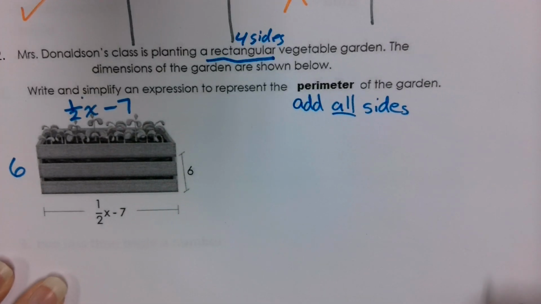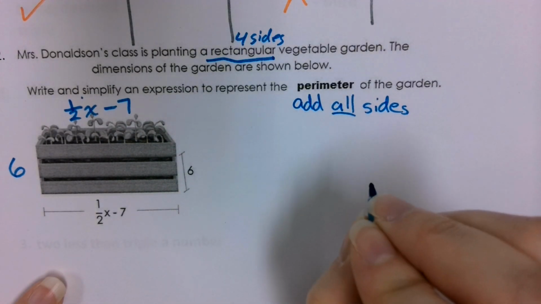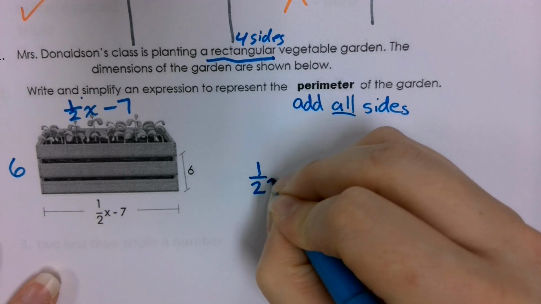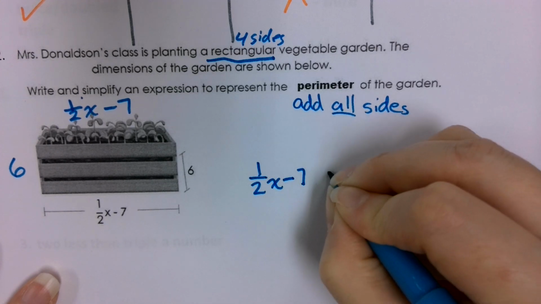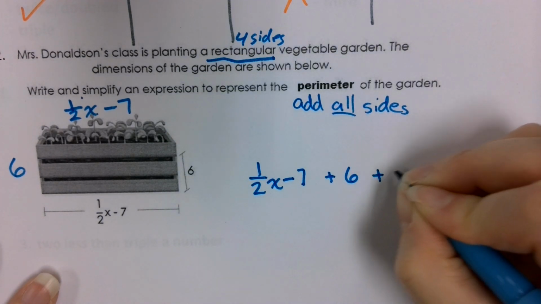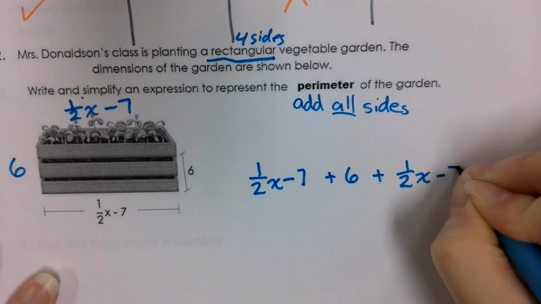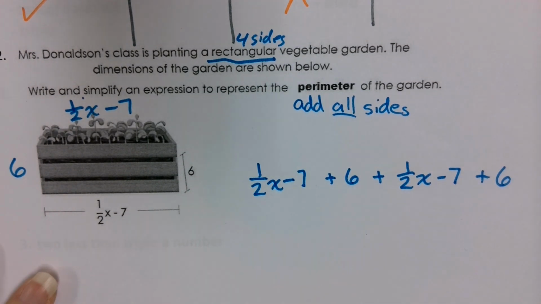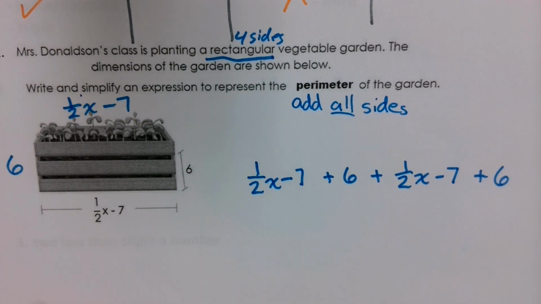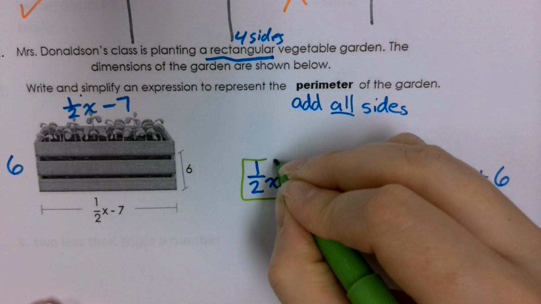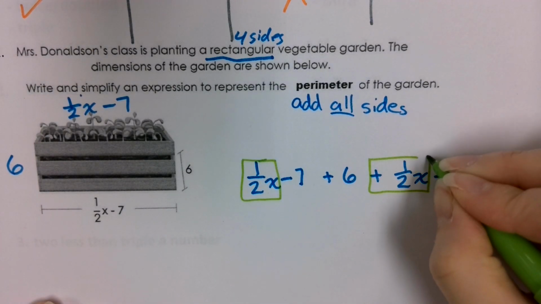Okay, so we've got to add our half of an x minus 7 plus the 6 plus half the x minus 7 plus the 6. Now we can just focus on combining those like terms. We have half of an x plus half of an x.